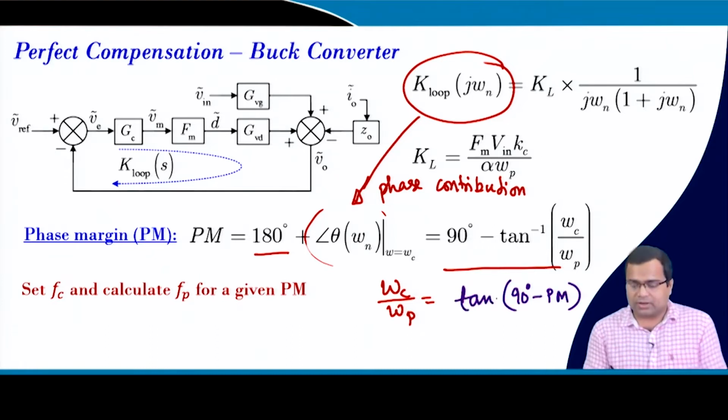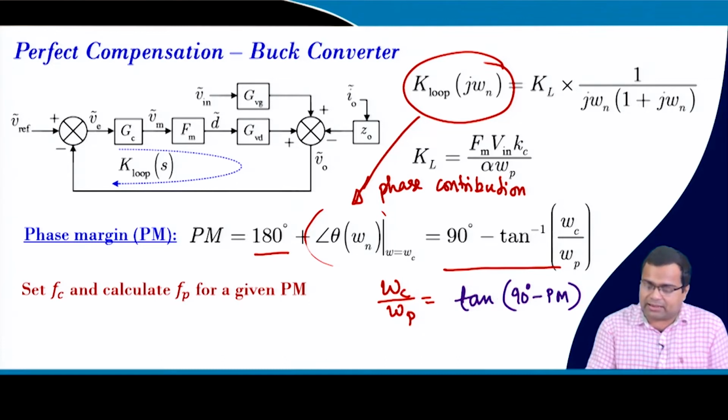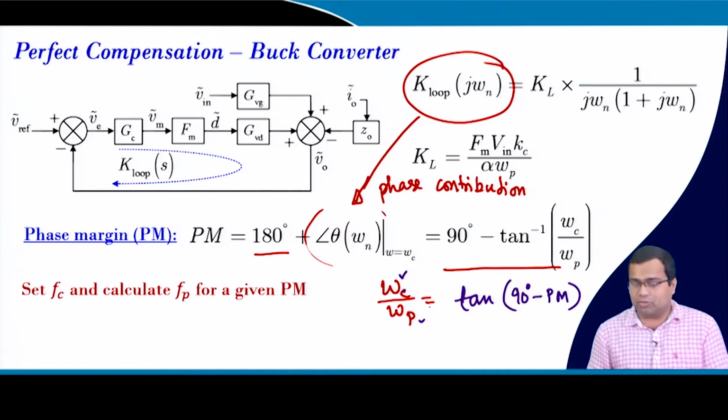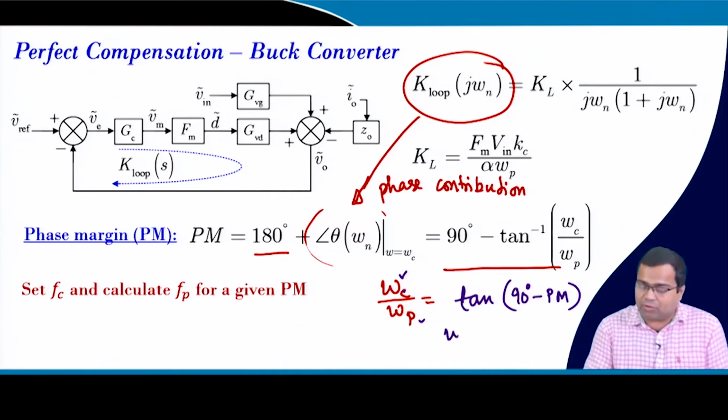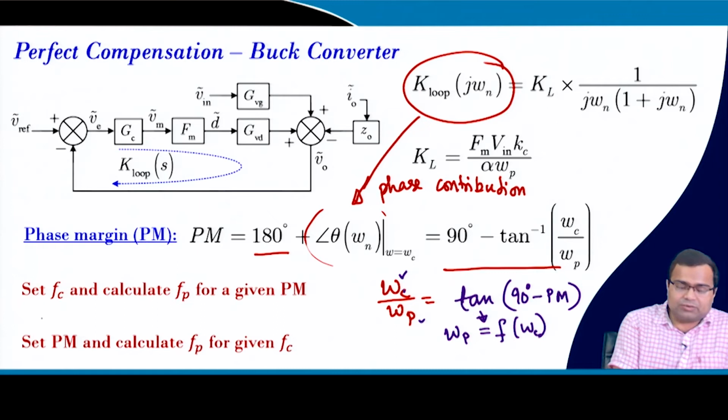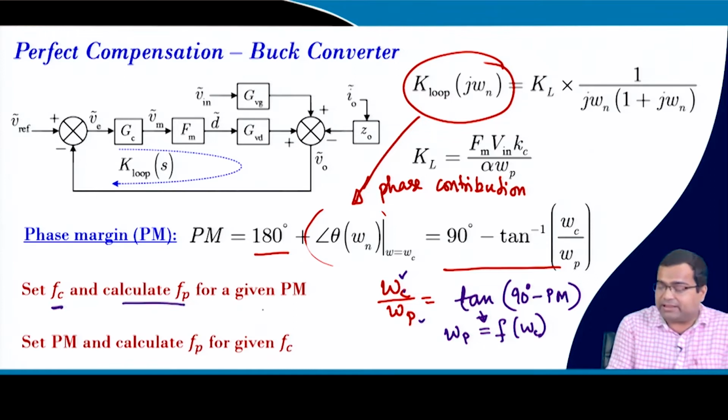So, if we decide omega c, then we can find omega p. That means we can find omega p as a function of omega c from this relationship. If we set the crossover frequency, then we can calculate omega p for a given phase margin.